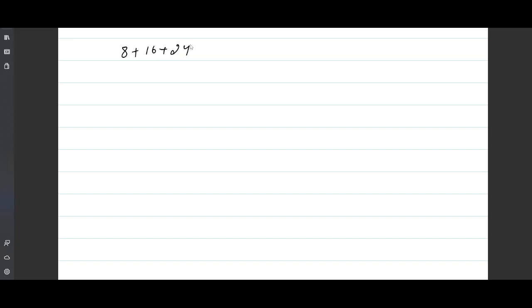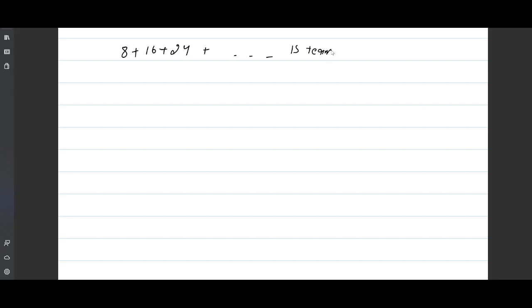So we have to find up to the 15th term. So simply we have to use the Sn formula.